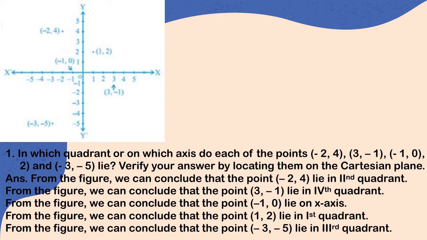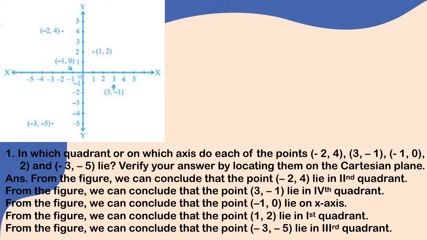Now let's see. The first point is (-2, 4). As you can see clearly, the abscissa of this first point is -2 and the ordinate is 4. Since the x value is negative and the y is positive, this point will lie in quadrant number 2, because those points lie in quadrant number 2 whose coordinates are negative, positive.